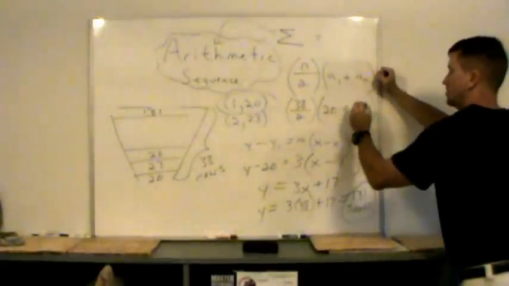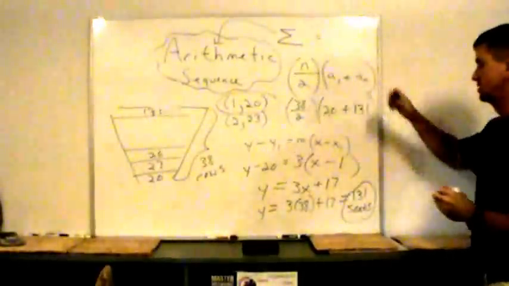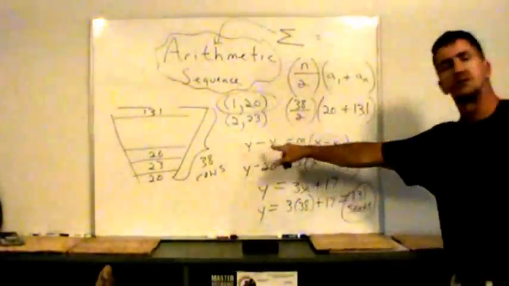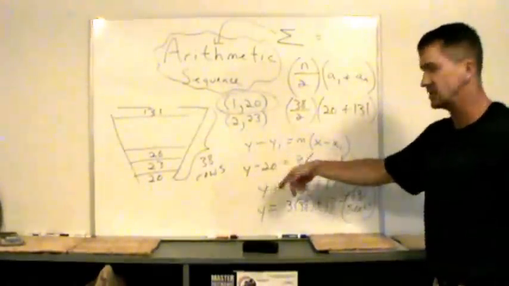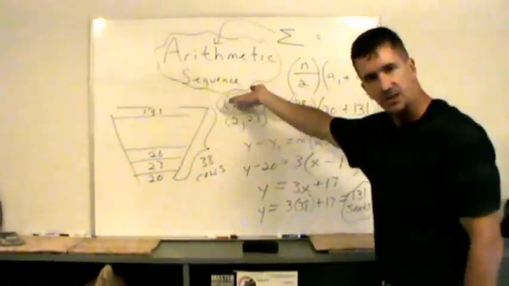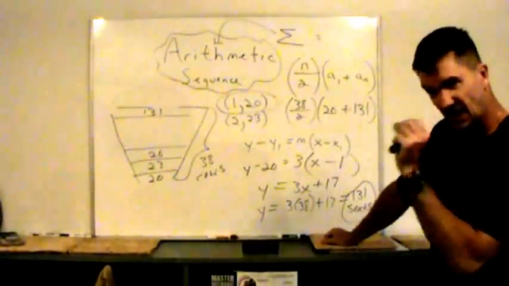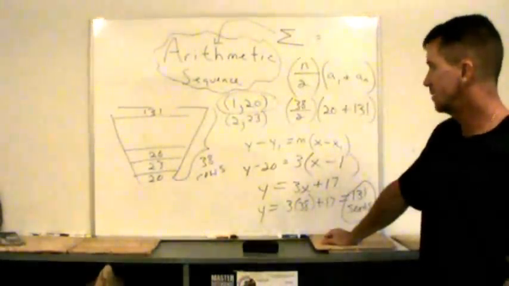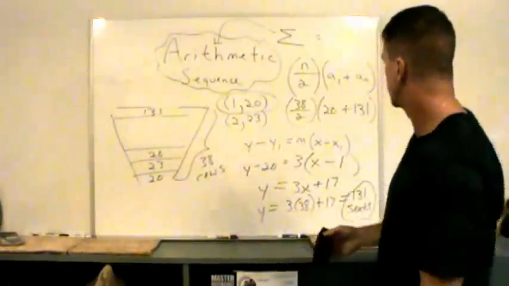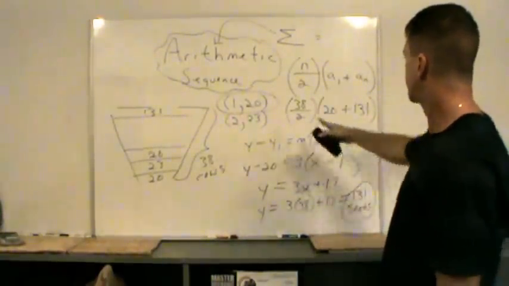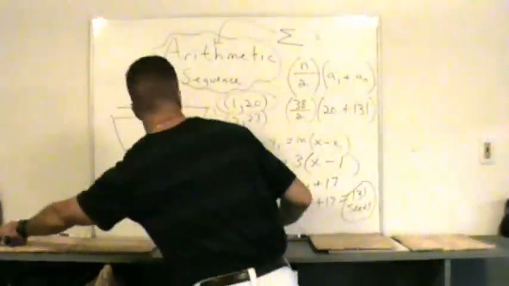There's a formula for finding this, but I always like to make the connection that arithmetic sequences are also linear functions, just the dots. We're only putting in 1s and 2s and 3s, and so on. So all we have to do is find that sum, and we'll have the final answer.